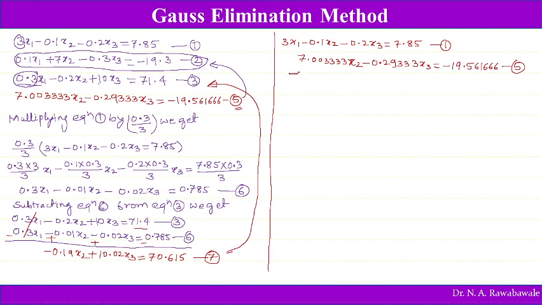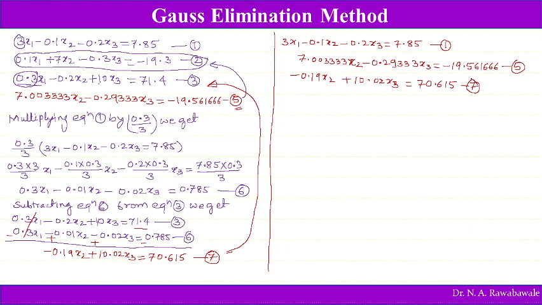Now equation number 7 is minus 0.19x2 plus 10.02x3, which is equal to 70.615. So this is equation number 7.